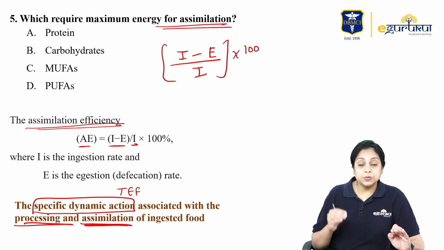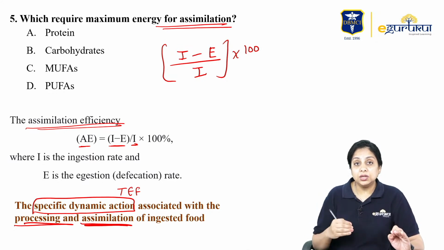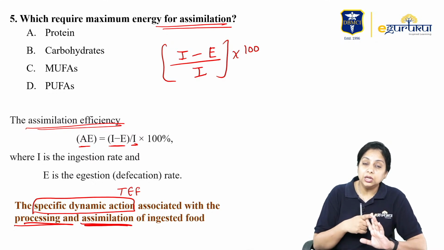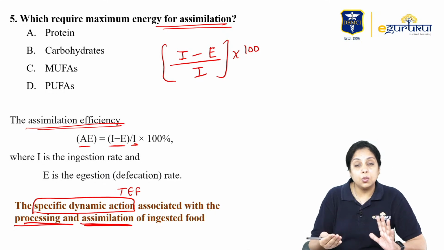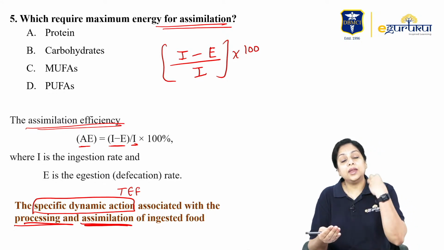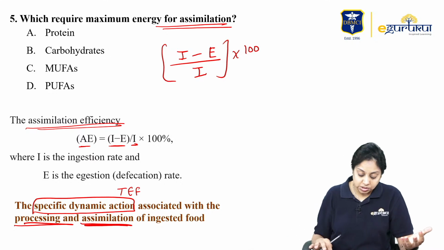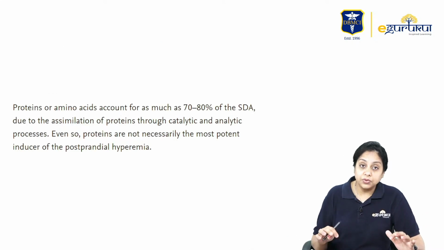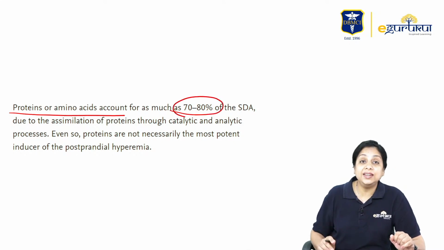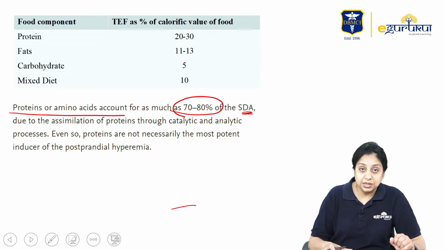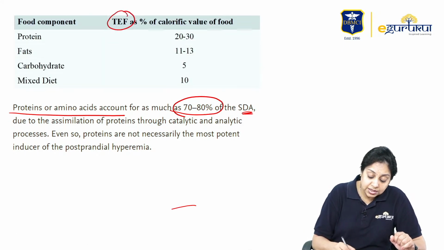So if we know the specific dynamic action of a particular thing, be it a carb or a lipid or a protein, we can say whether it requires a high amount of energy or a low amount of energy for assimilation. For the specific dynamic action, what we know is that proteins or amino acids account for 70 to 80% of the SDA, which we have discussed via this table in the class also, right? This is TEF, thermogenic effect of food, also known as SDA. It is one and the same thing.